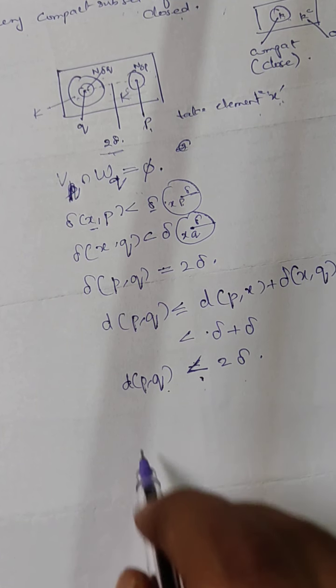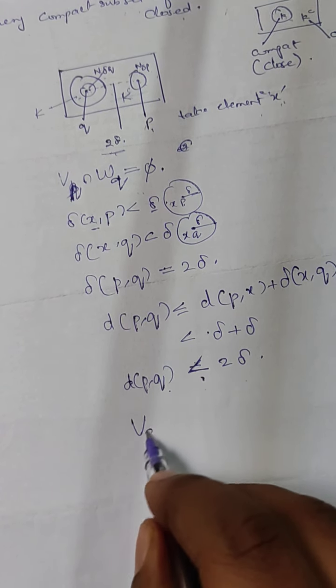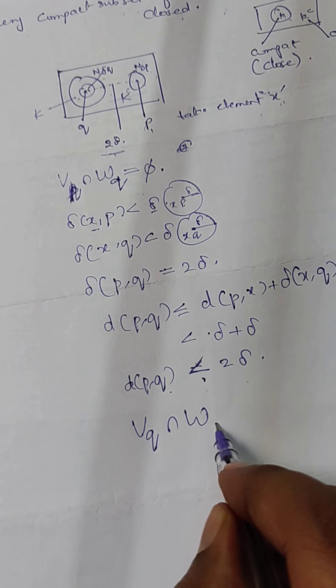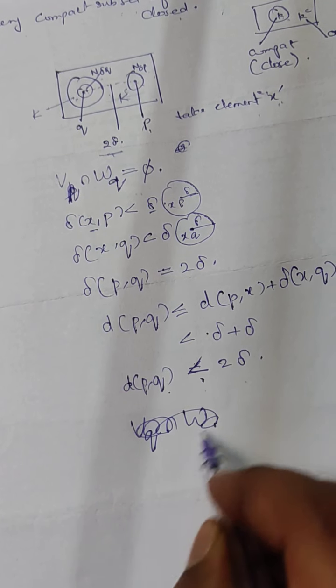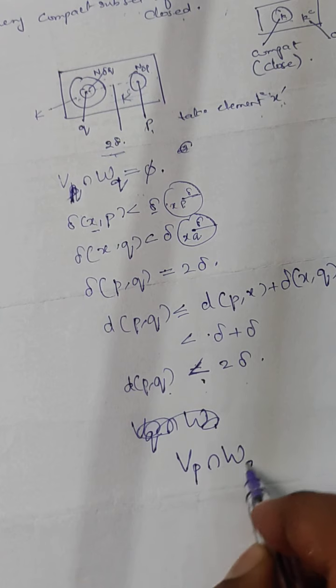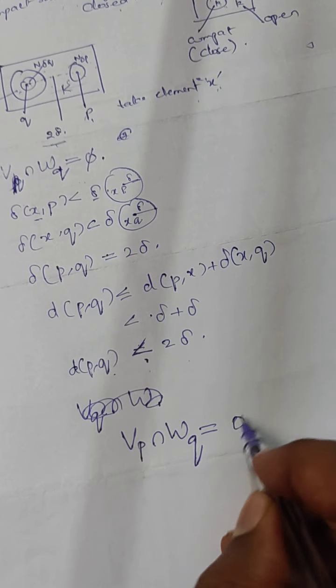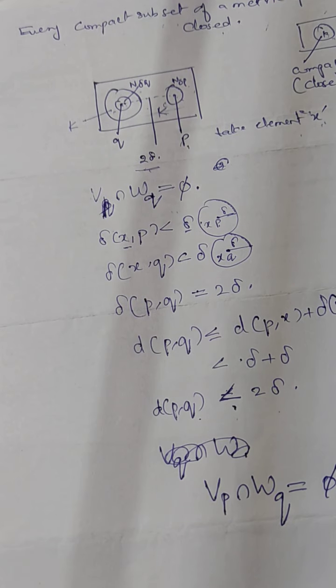So from that we can say that VP intersection WQ is equal to phi. From this we can say that this K is open and K complement is closed.